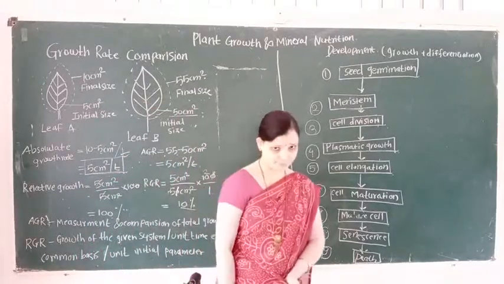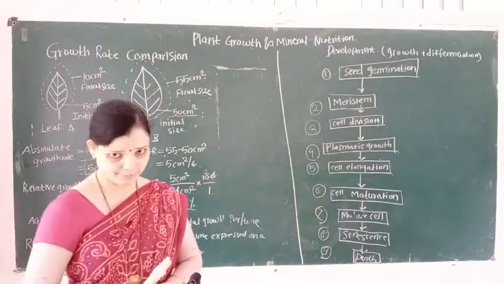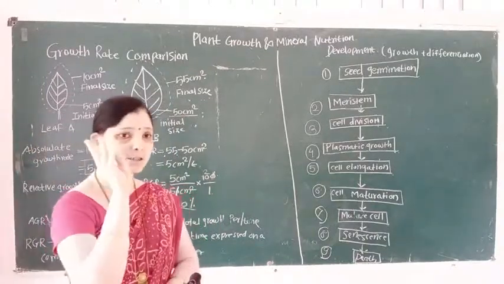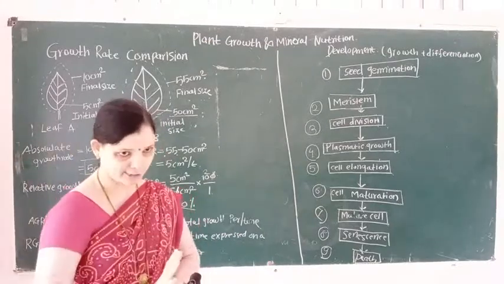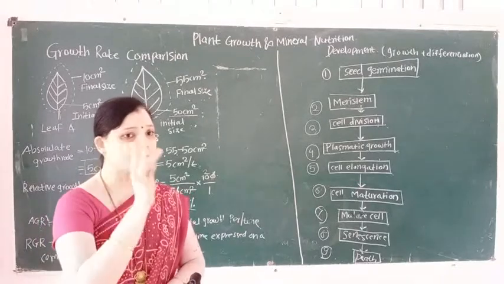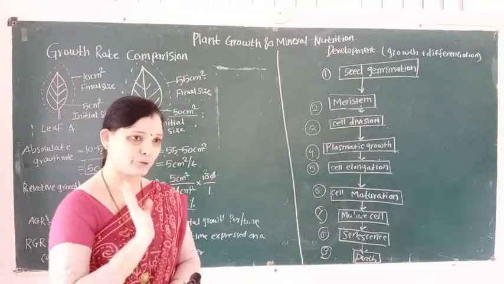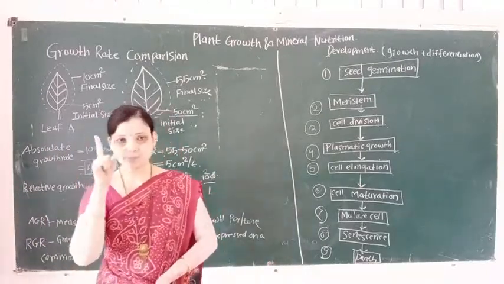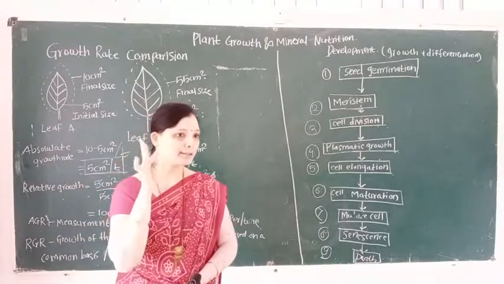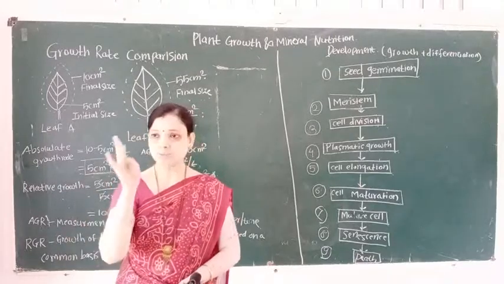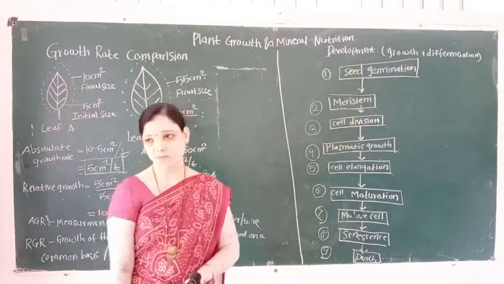So in development, we remember these processes. First is cell division. Second is elongation. Third is differentiation. And fourth is maturation.